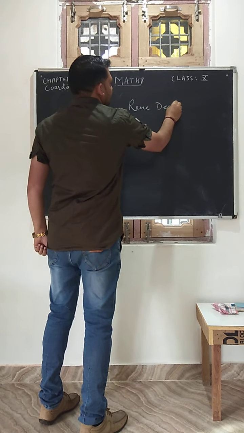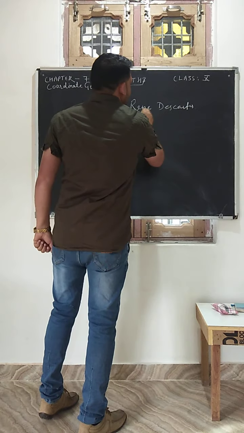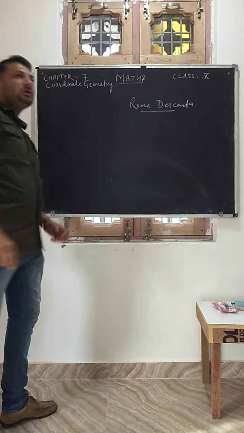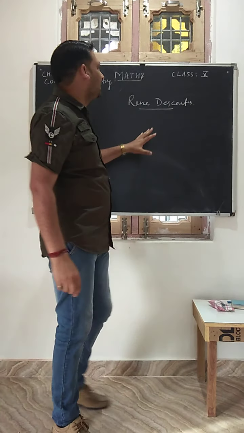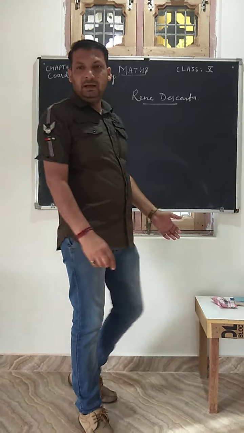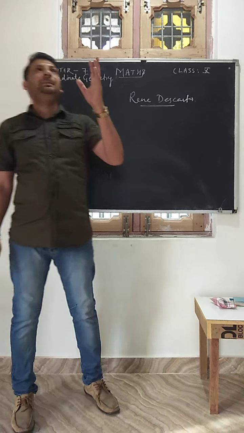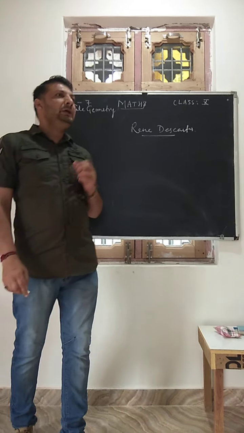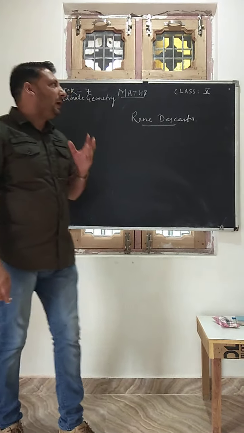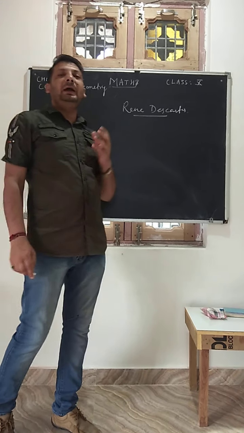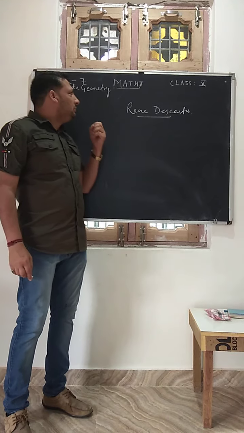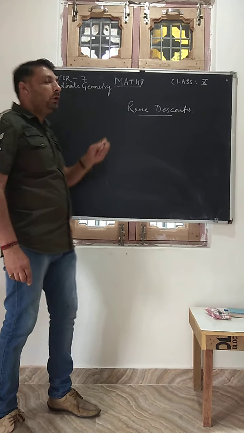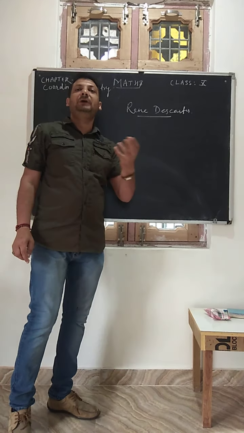He was sitting on the bed and he observed many things like the blackboard, chair, desk, and many paintings on the wall. But he wondered why they are placed at those places. So he defined that we use coordinate geometry to locate the position of any object.